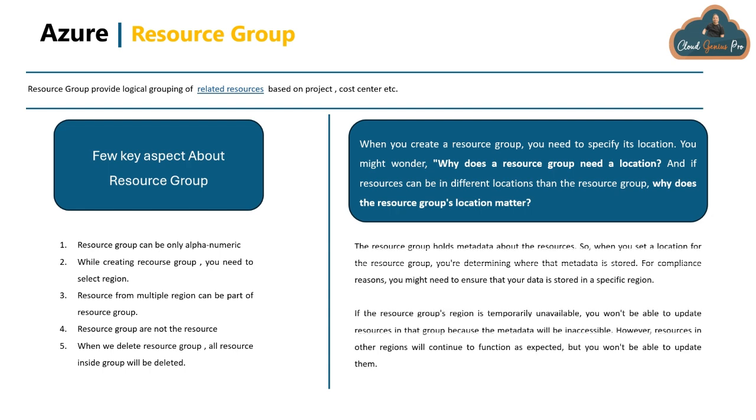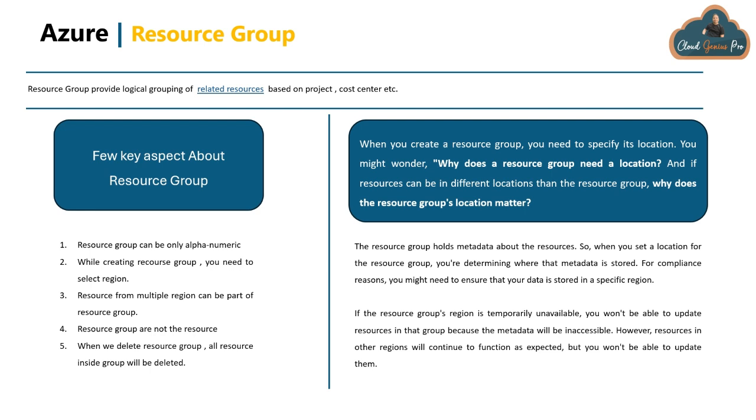In that case, you will not be able to update any resource. When I say update any resource, I mean changing the configuration of that resource or doing any administrative action on that resource, but that resource will continue to work. For example, the resource group is in East US and it is hosting resources which are hosted in APAC.